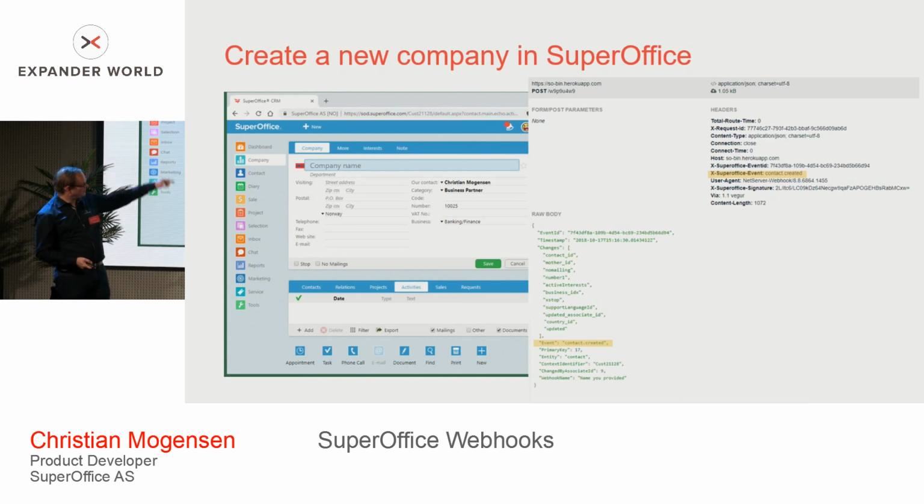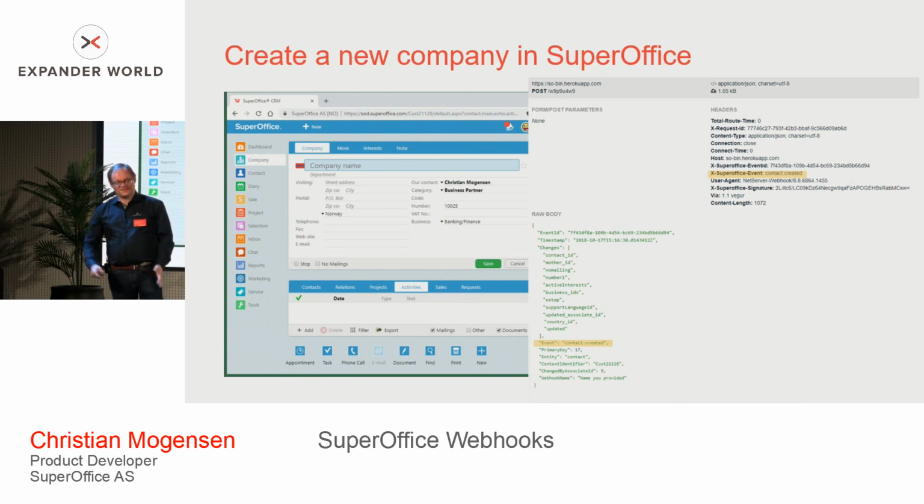So you take that whole thing, run it through SHA-256, and you should get the same values up there. Then you can say, oh yes, this came from SuperOffice. And you see the structure is the same. Here we're creating a new one, so it's listing out all of the fields, essentially. Since it's creating a new one, it's inserting values into all the fields, so the list of changes is all of the fields in the contact table.